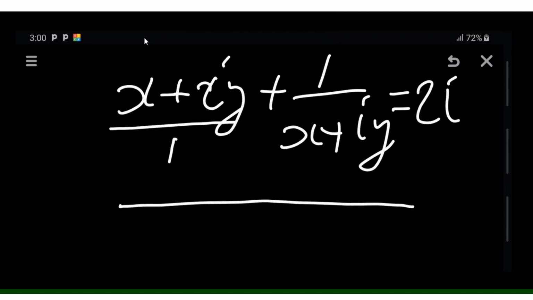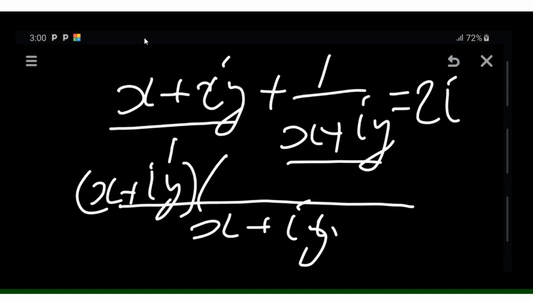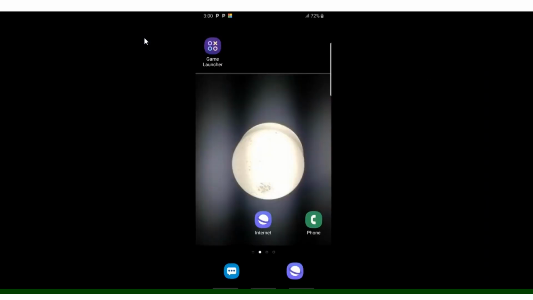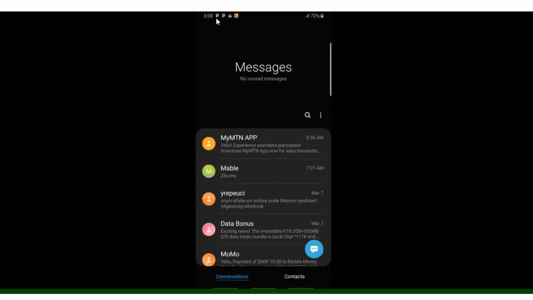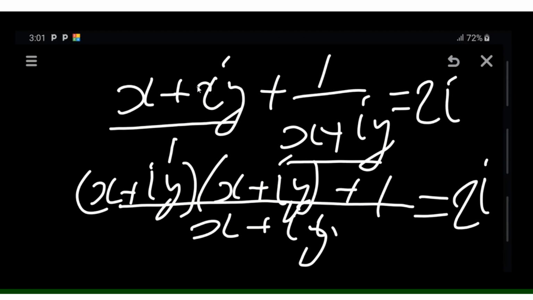So the common denominator is x plus iy. So I'll have x plus iy, close bracket, multiplying by x plus iy, close bracket, plus 1 over x plus iy. So this is how it will look.